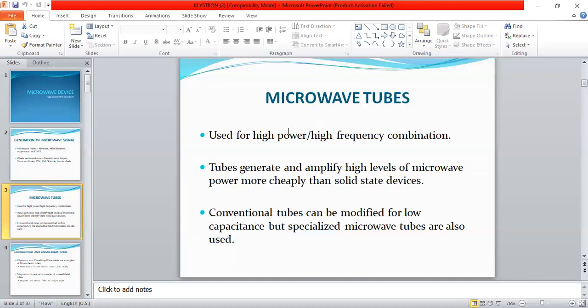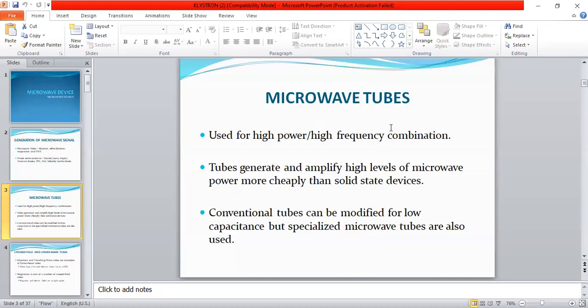To generate microwave frequencies means the first limitation is the interelectrode capacitance. What is interelectrode capacitance? Here, conventional tube has anode, cathode. Okay, so anode and cathode. Now between the anode and cathode here, a gate terminal is also there.